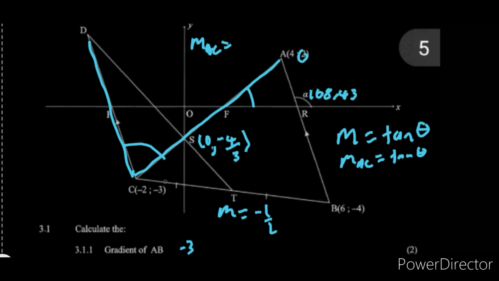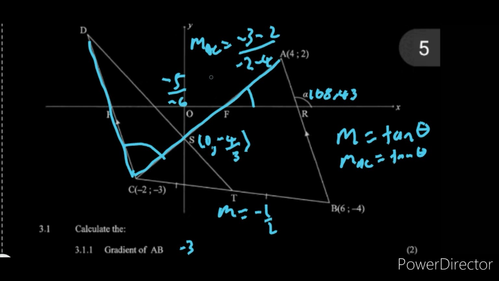I'm not going to write the formula, but you should write it. I'm going to call this y2. So it's -3 minus 2 over -2 minus 4, which is -5 over -6.